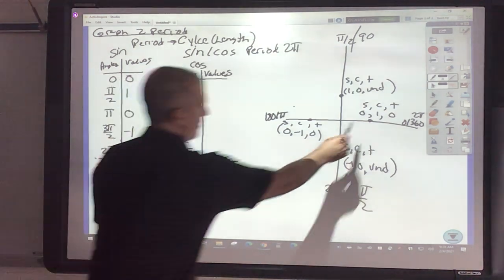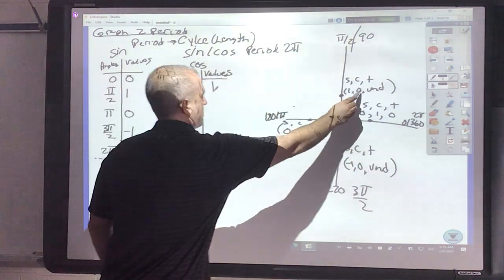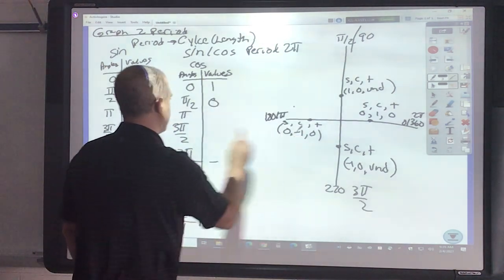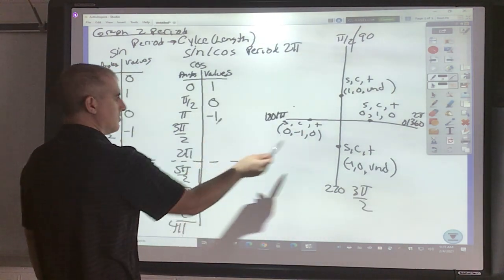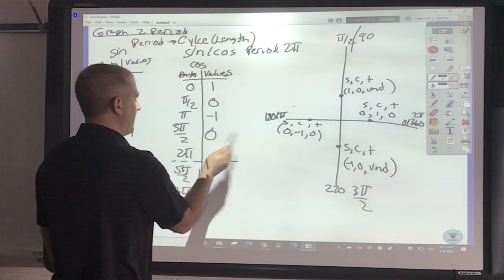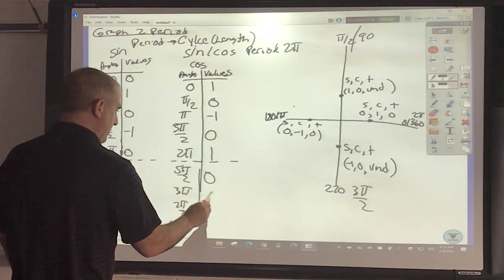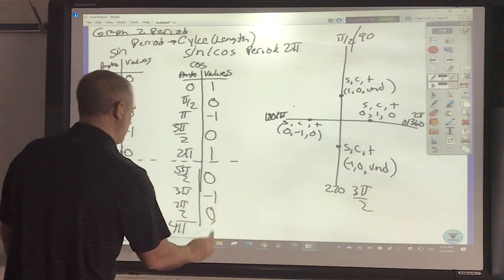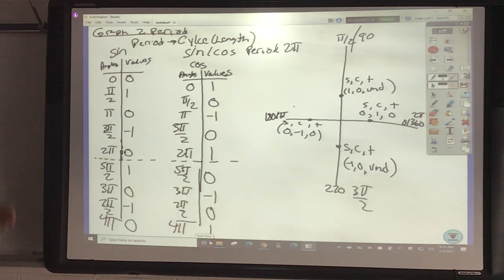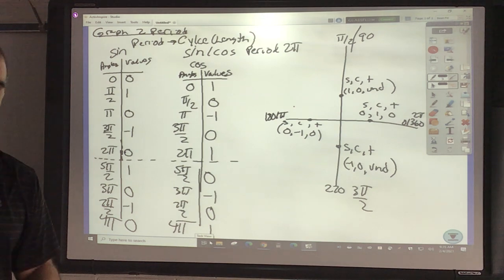Now the values are different. For cosine, the first one's 1, then it goes to 0, then -1, then 0, and then it cycles back to 1. If I keep going, it would be 0, -1, 0, and 1. So it keeps on cycling through like that.